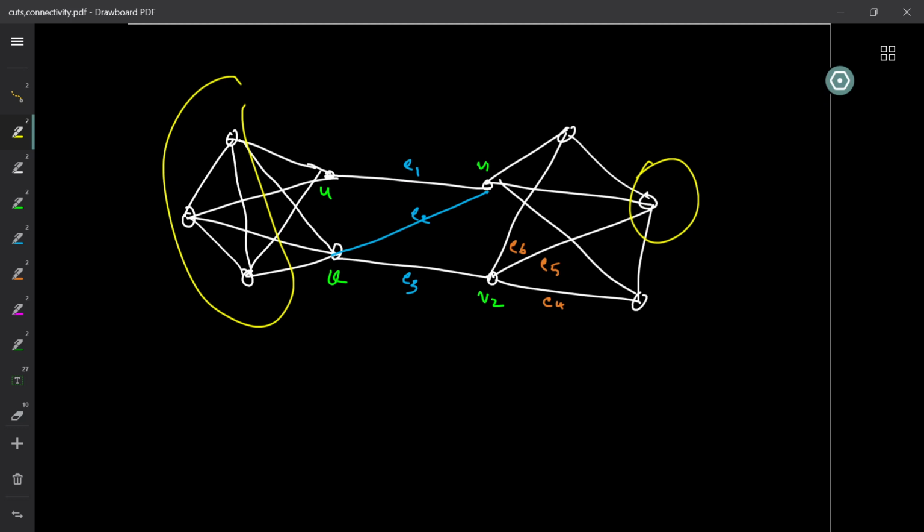Similarly, it must use either u or v, so u comma v is a cut. Similarly, one can see that v1 and v2 form another vertex cut. So you have these edge cuts and vertex cuts.